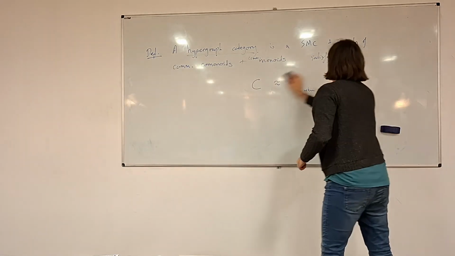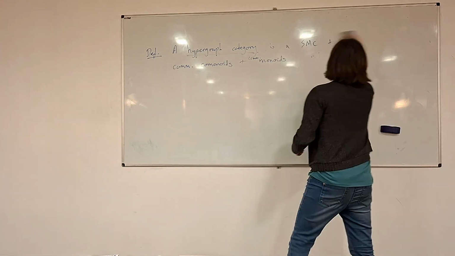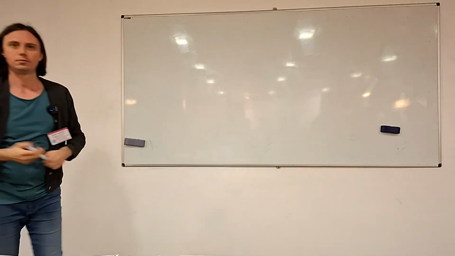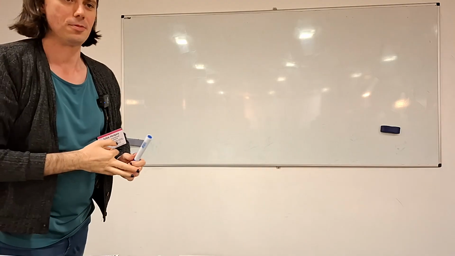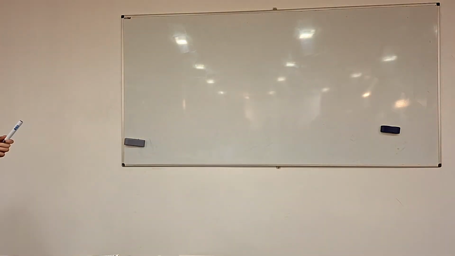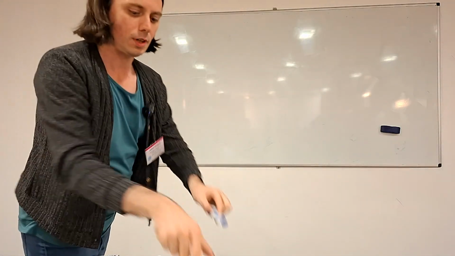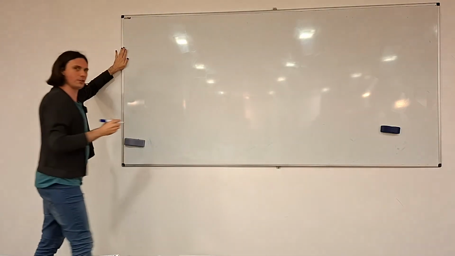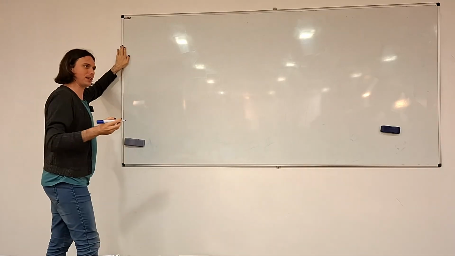Cool. So now I want to tell you about cospans and show you that cospans have this structure, and that's building onto what we're doing next. I showed you earlier what spans are. Cospans are the same thing with the arrows reversed.